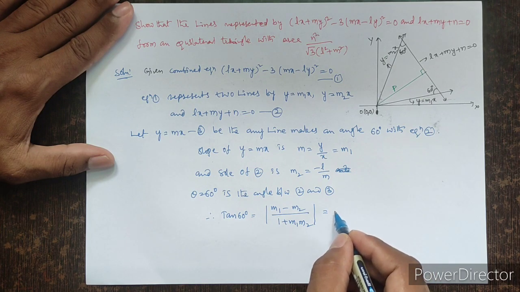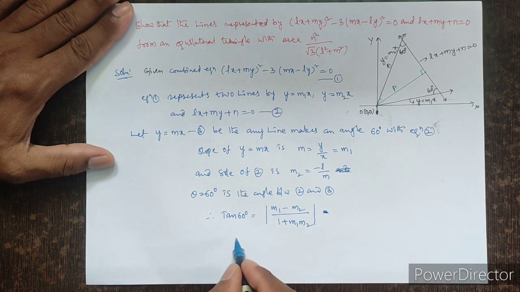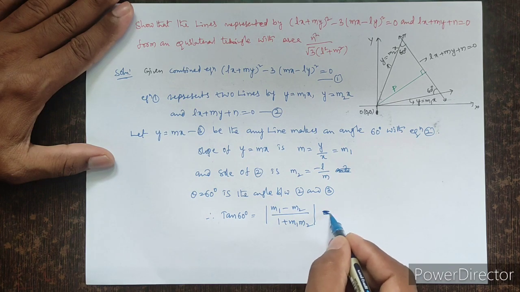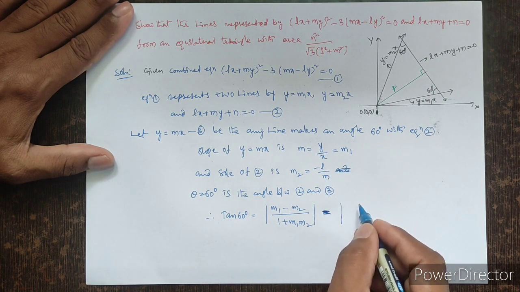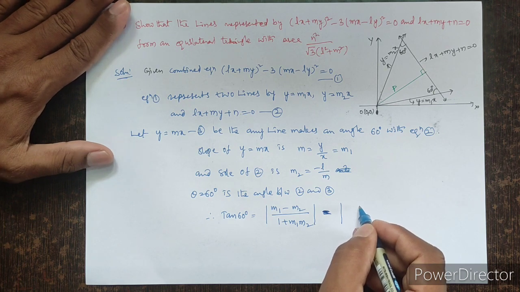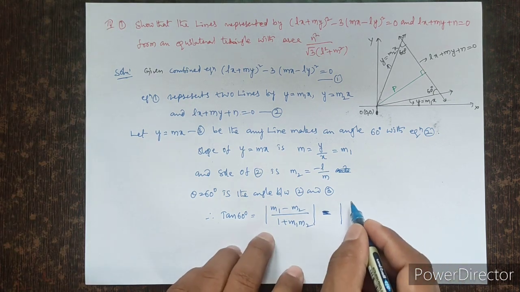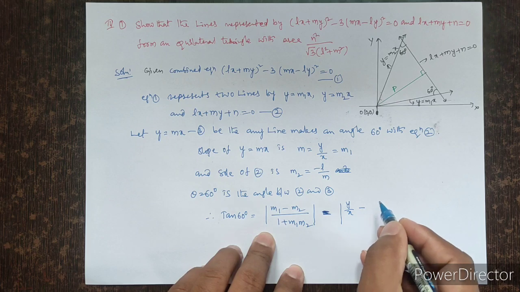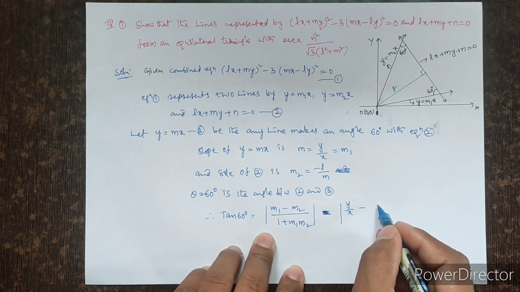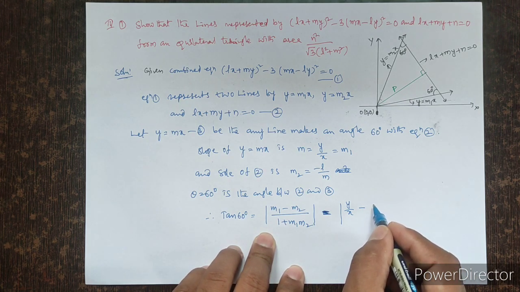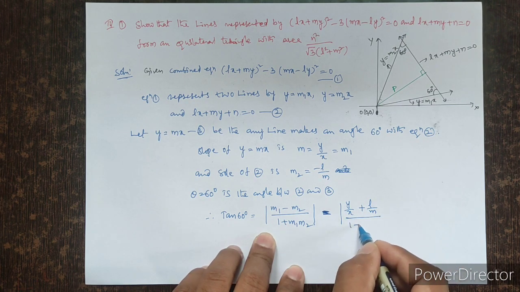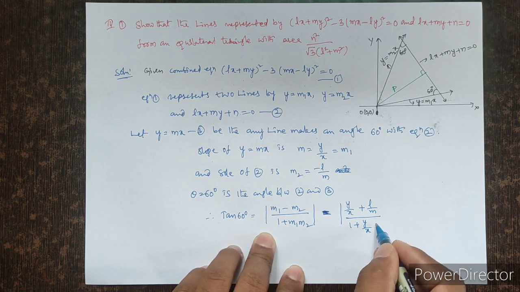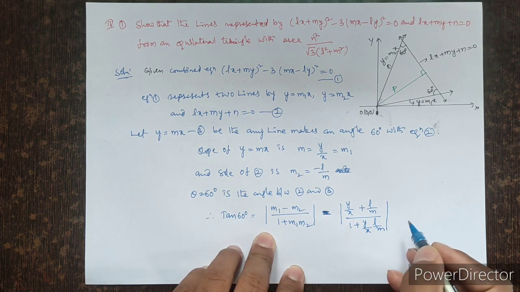Here m1 is y by x and m2 is minus L by m, so minus of minus gives plus L by m, by 1 plus y by x into L by m.